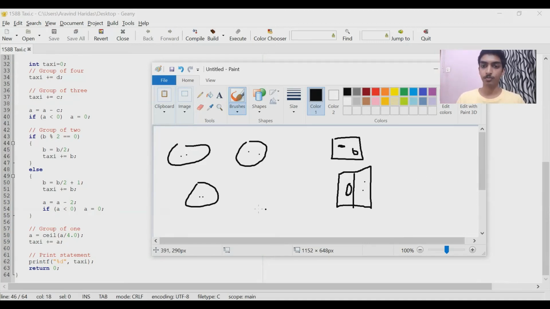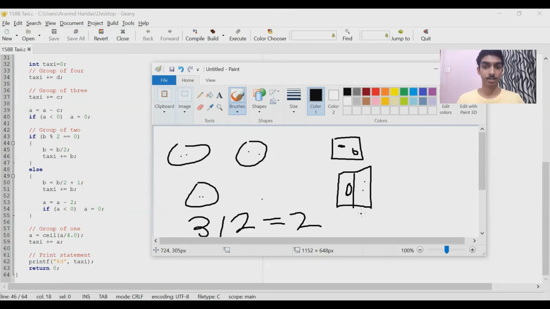Have you guys heard of the ceiling function? If there are 3 groups and you divide by 2, you get 1.5, but you take the greater integer, so you get 2.